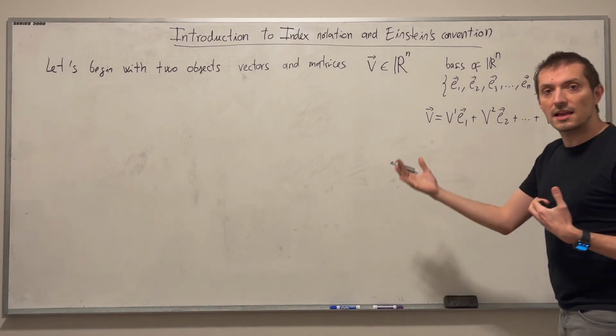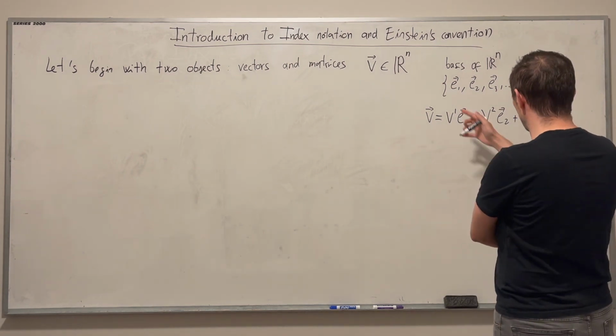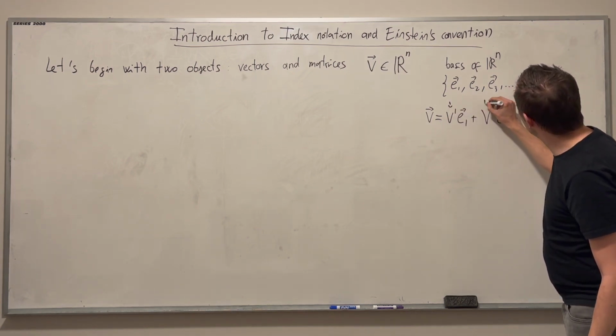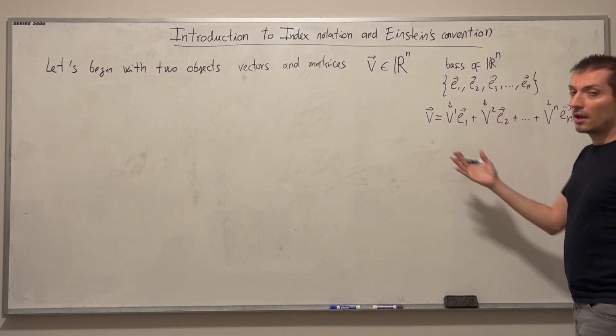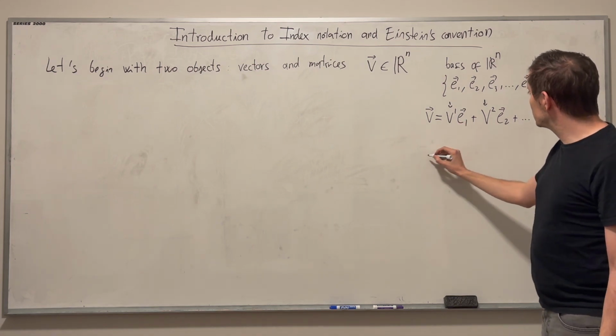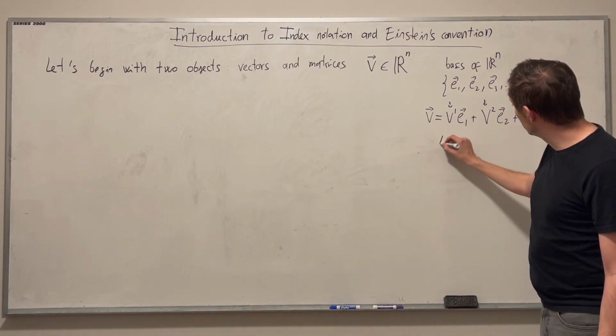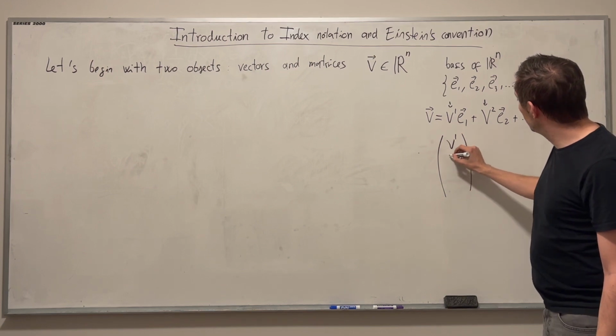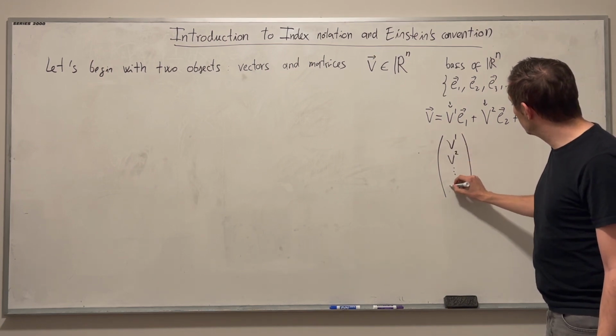And these v1, v2, all the way to vn are real numbers. I can decide to collect these numbers in a column vector and put them here: v1, v2, all the way to vn.